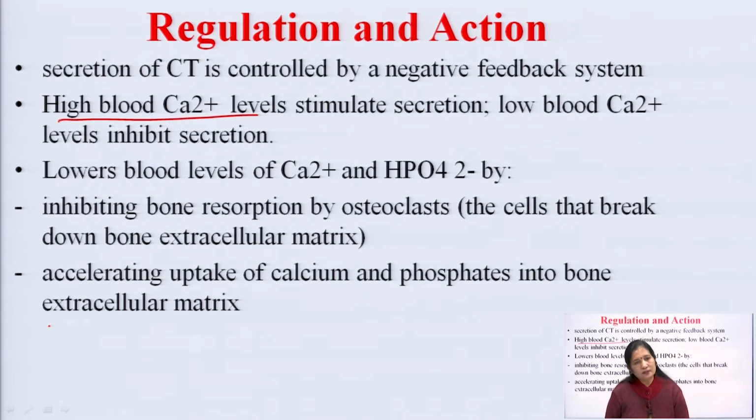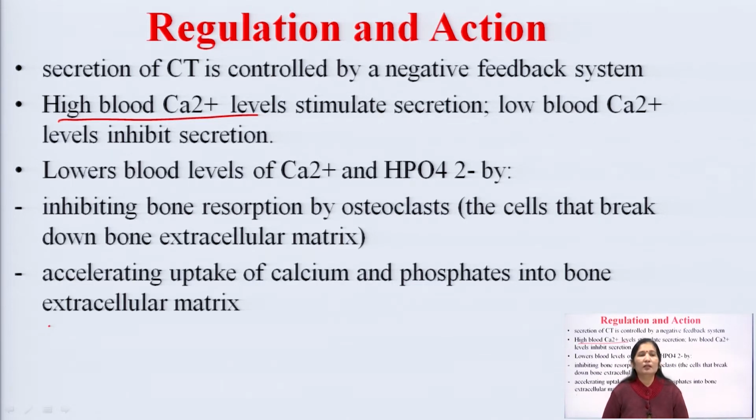Now, how does it reduce the calcium level in blood? Please remember, it reduces calcium in blood as well as the concentration of phosphate, and it does so by inhibiting bone resorption.